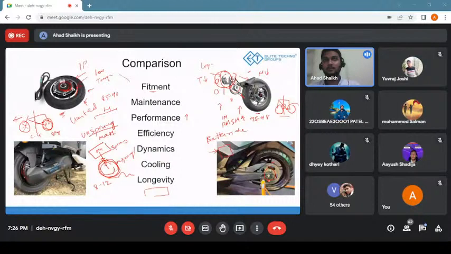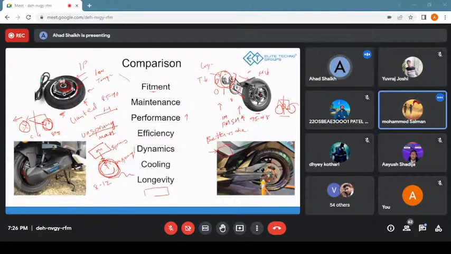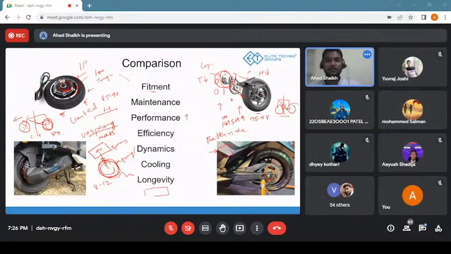But what happens when you are riding? If there is a jerk from the front, what happens when there is a bump or something? Your front wheel is what comes in contact with it first, so it might put the vehicle in a dangerous condition, because at the rear wheel it's not that much.